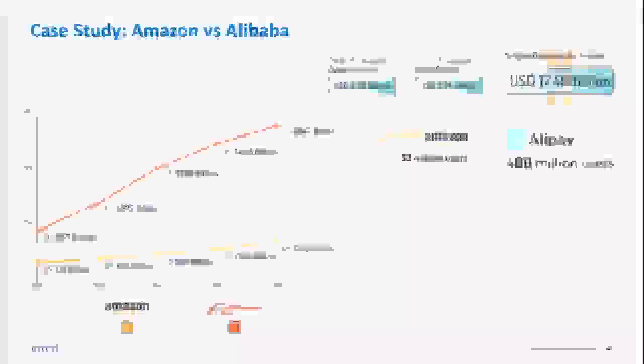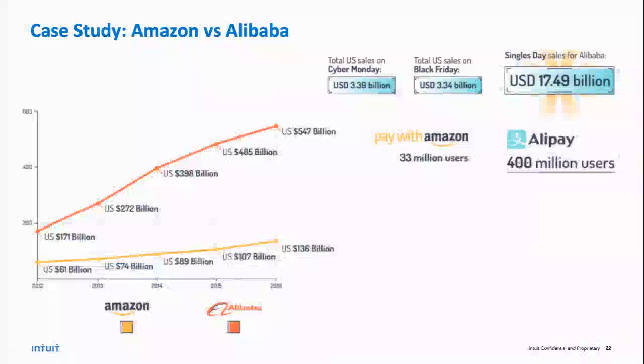I'll quickly pass through. I just want to give an example between Amazon and Alibaba. The size of the business is a little bit bigger in Amazon, and the number of customers is also very high in Amazon, as is revenue and all that.